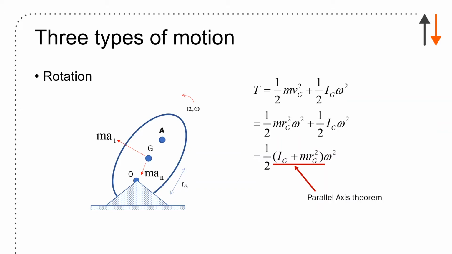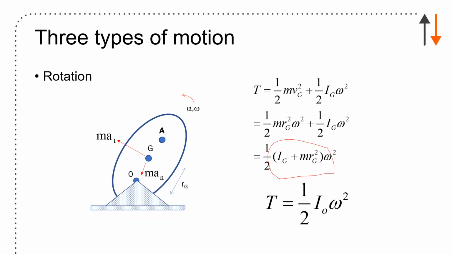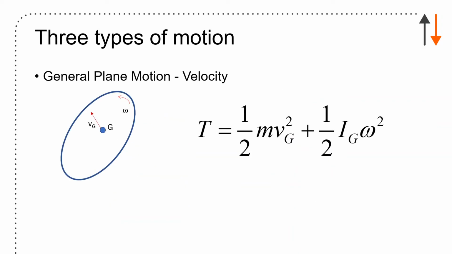And that last term, because this is rotation, is also interesting because that's my parallel axis theorem, something we've emphasized in the lectures and probably in the homework throughout the course. So T is equal to 1/2 I_O omega squared. So I can get rid of that translational component if I switch to the pin point. General plane motion, not much I can do. I've got to combine both terms, and I have rotational and translational kinetic energy.